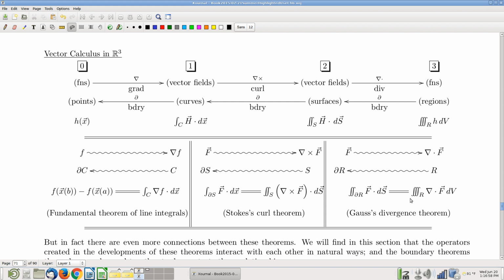So I hope you'll spend time thinking about these diagrams. If nothing else, I'm a big fan of analogies, and I think it's really helpful if, for example, you're having trouble with, so there's a line integral happening here, a curve. What curve? We were talking about a surface. Oh, well, we take the boundary of the surface. It's just like over here when we took the boundary points of the curve. Likewise here, we're taking the boundary curve of the surface.